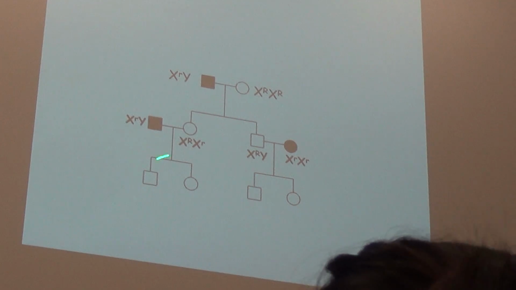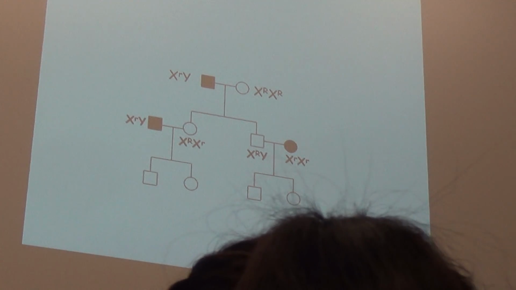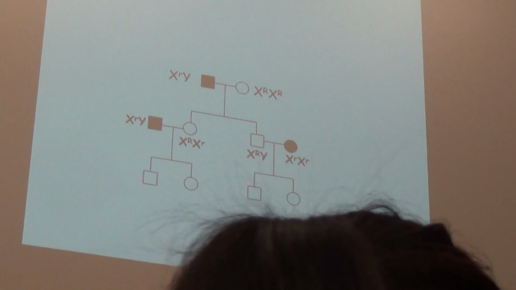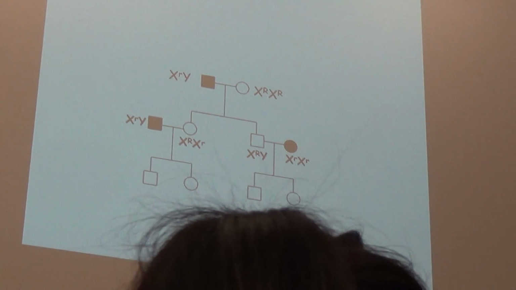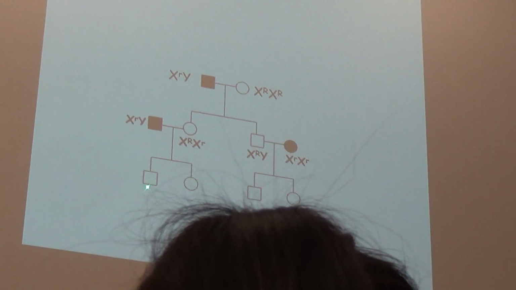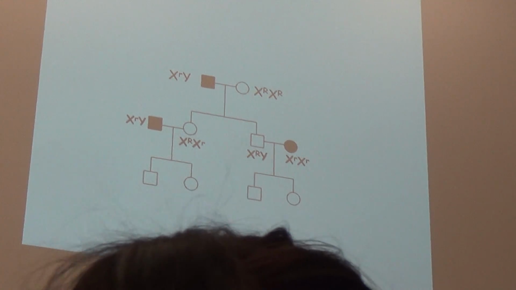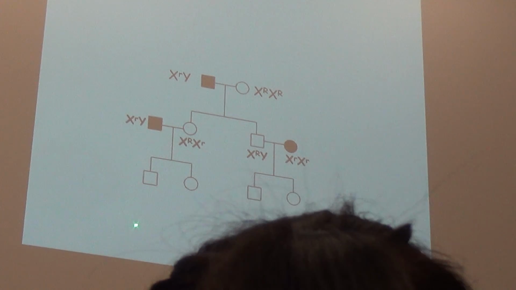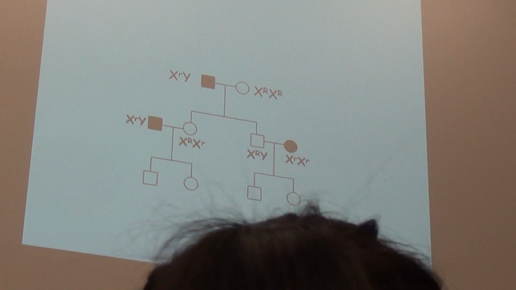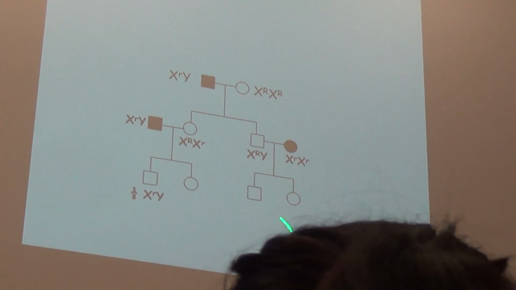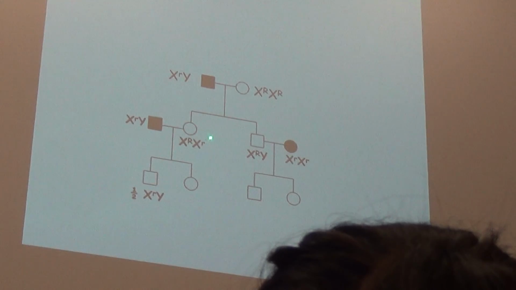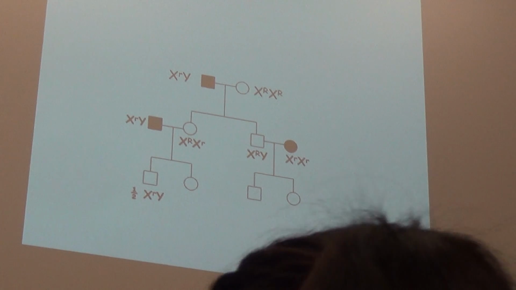So now you can calculate the probabilities of these individuals being affected. Correct? So what's the probability of this male being affected? 50%. Correct. Half probability, because there's a 50% chance of getting this X little r chromosome, 50% chance of getting the X big R chromosome, right?